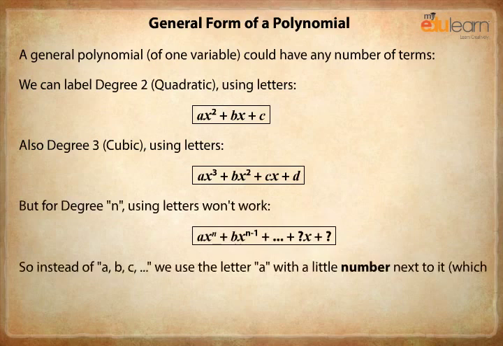So instead of a, b, c, etc., we use the letter a with a little number next to it, that is a n, times x raised to n.